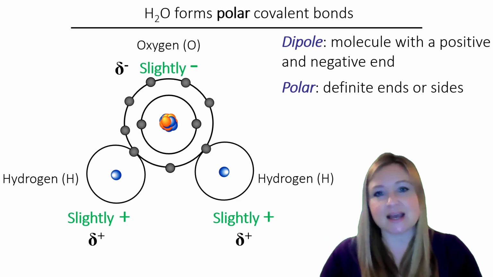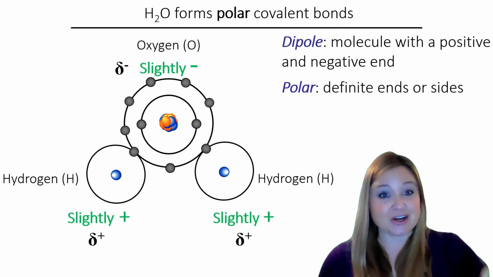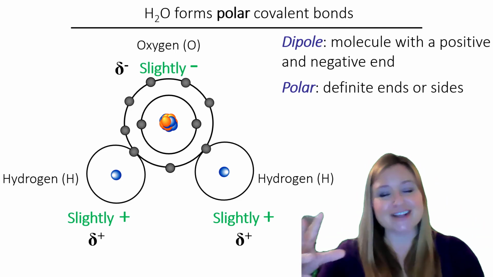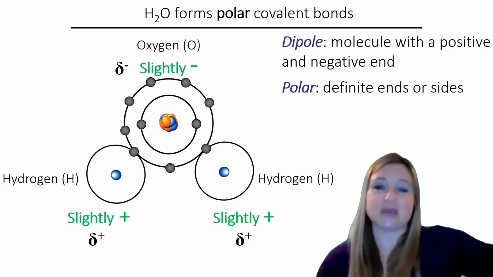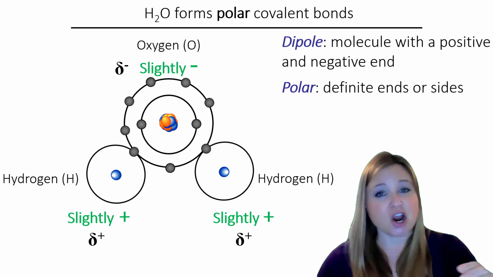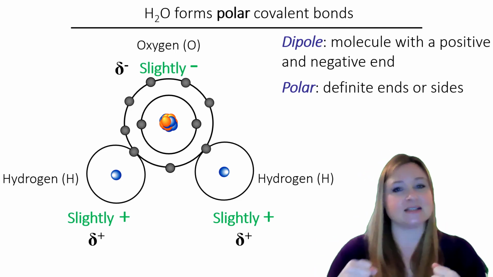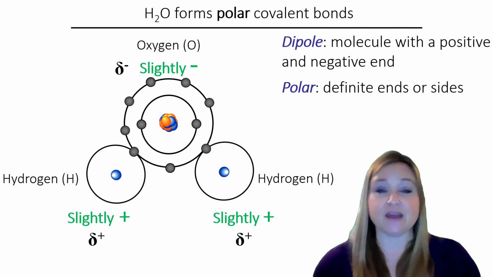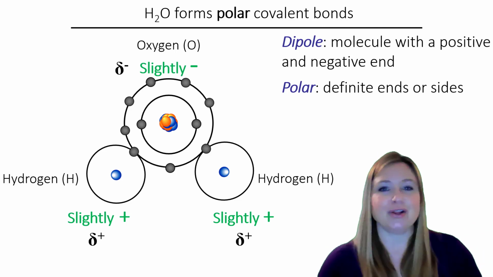They're about the same size, so they equally share that electron. But when you have unfairness like this, where oxygen is much bigger and attracts that electron more often, then you get different ends. And because that electron is negatively charged, oxygen is going to be slightly negatively charged because it has the electron more frequently than the hydrogens do. So water is a polar molecule.